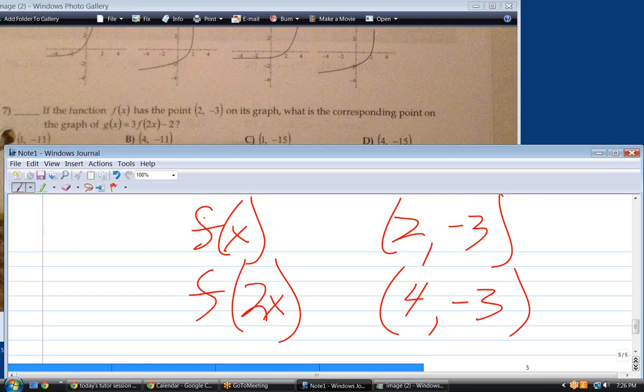So, what point do you think we're looking at? Would it be 4 comma minus 11? Yeah. Okay. In other words, the 2x makes that 2 a 4, and multiplying the 3 times the minus 3 brings you down to minus 9. Subtracting 2 from that brings you down to minus 11. Okay, that makes sense.